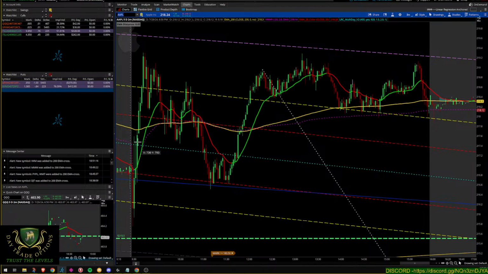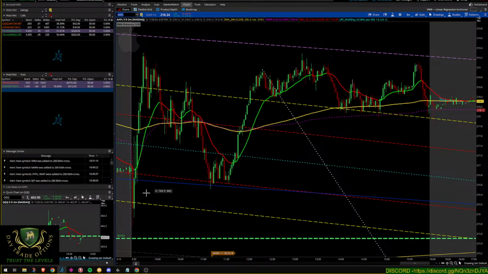What I was going to say is this trade right here was really a great trade to get into. What I like to see early in the market if you are trading this strategy is to wait. Watch the first couple candles come down, then wick and blast up off of the lower LRC or even the mid LRC, which is this one.